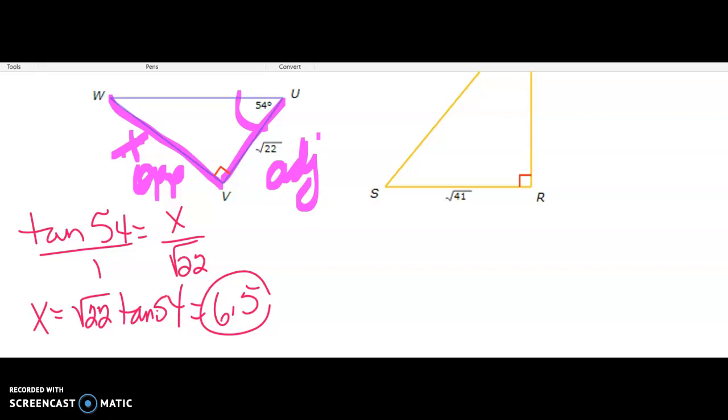If you were going to use your phone on this, you would do 22 square root times 54, 54 tangent equals, and it'll give you the same thing.